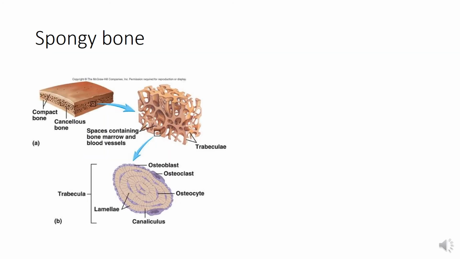Spongy bone. To the naked eye, spongy bone looks like a honeycomb. Microscopic examination reveals a framework formed from trabeculae, meaning little beams, which consist of a few lamellae and osteocytes interconnected by canaliculi. So here you can see the osteocytes, and they are connected by canaliculi.